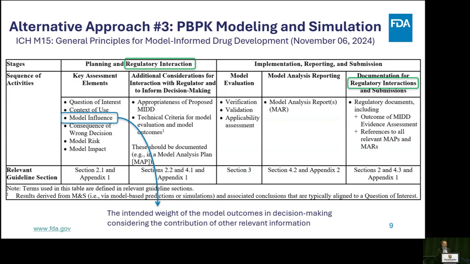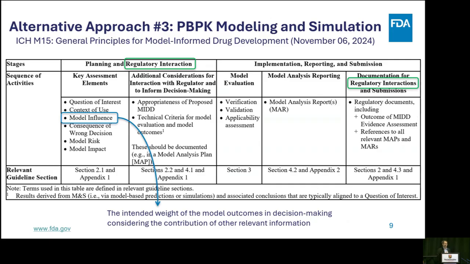Now let's switch gears to another very popular alternative approach, PBPK modeling and simulation. ICH M15 was recently published. The general principle applies to PBPK modeling and simulation for BE purposes. Here I will focus on the model influence part.